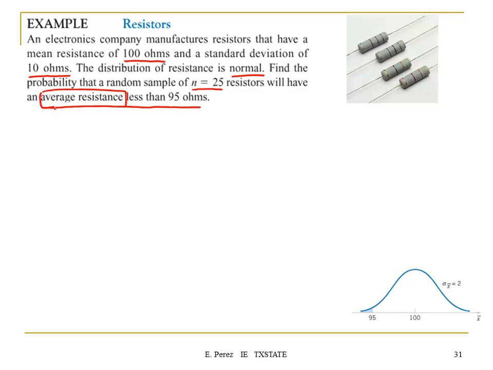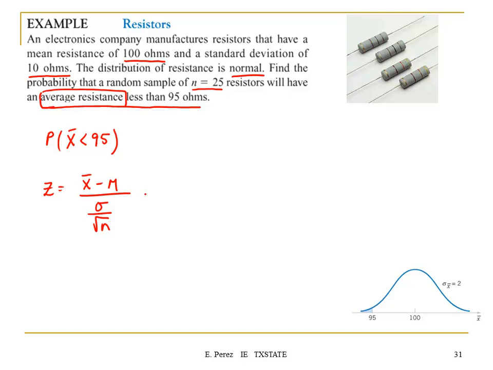So we know that the probability we are trying to find is the probability of x bar being less than 95. Again, our random variable is not x, our random variable is x bar, the sample mean. We can use the Central Limit Theorem to estimate z as x bar minus mu divided by sigma over the square root of n.